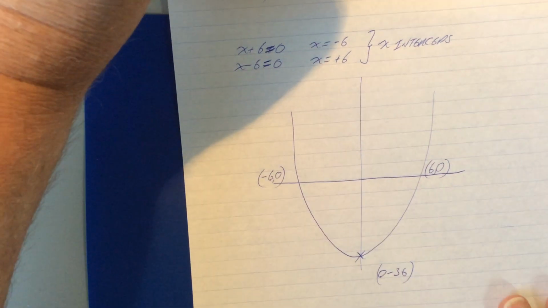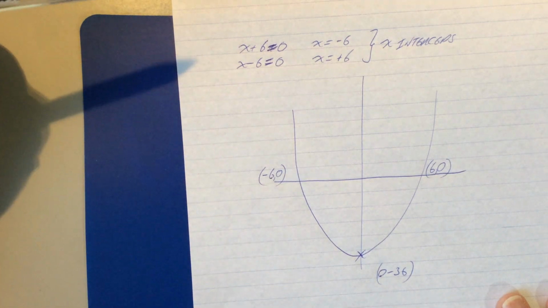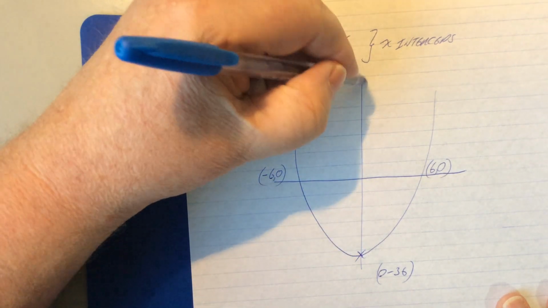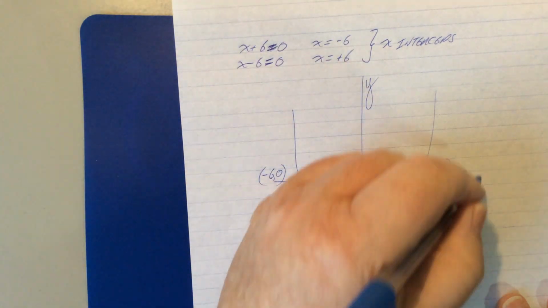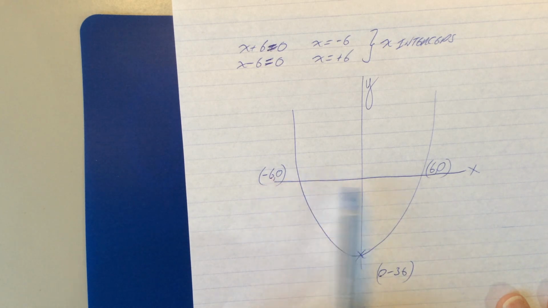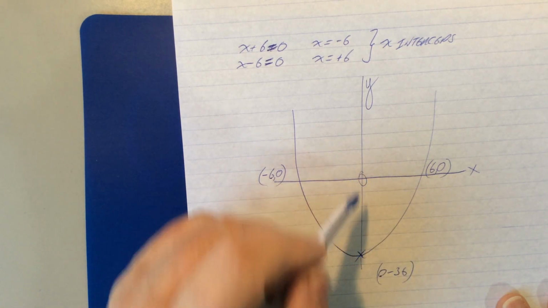Well, it's got features that are instantly recognizable. First of all, it is centered around the y-axis, and the two intercepts on the x-axis are an equal distance from 0.